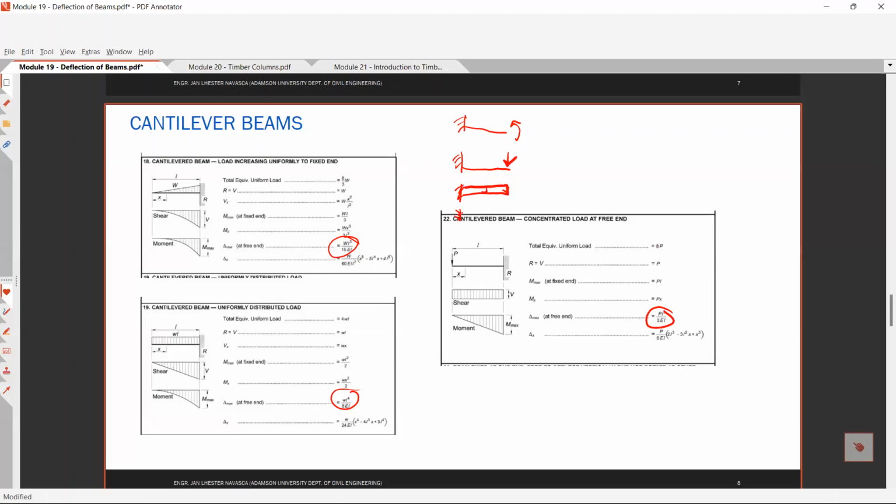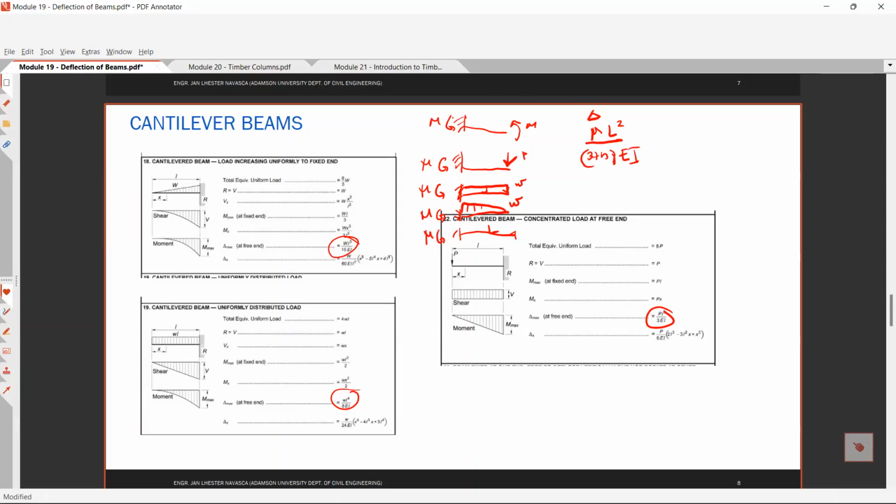Okay, this all have a length L, omega, omega, P, M. This is M, moments, and moments. Okay, for the deflection, the formula is M L squared over (3 plus N) EI.